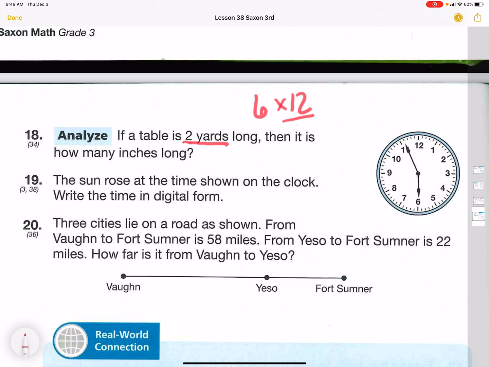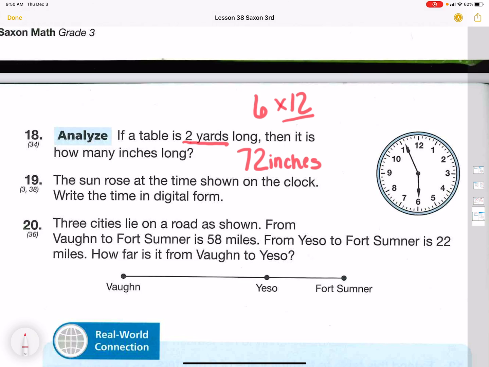I don't know how to make this easier for you. This is kind of where we start getting introduced to multiplication. So I will just tell you 6 times 2 is 12. And 6 times 1 is 6 plus 1 is 7. So we get 72 inches on number 18. I know that's kind of hard.